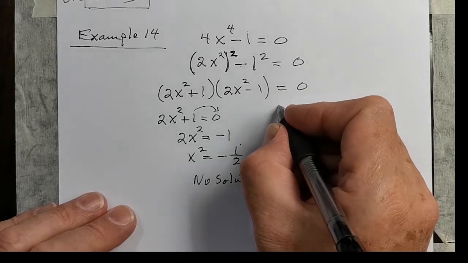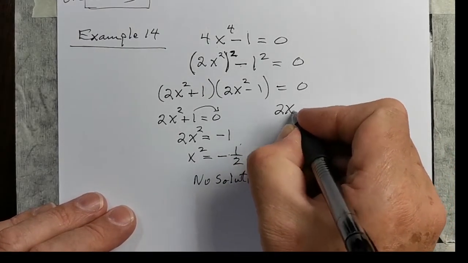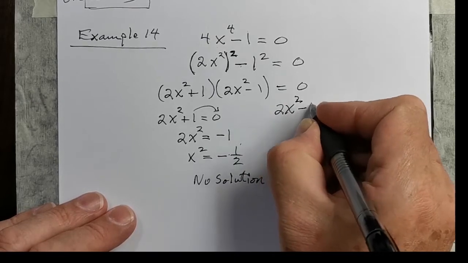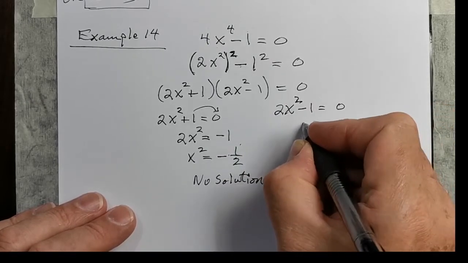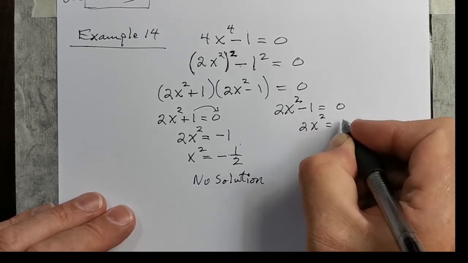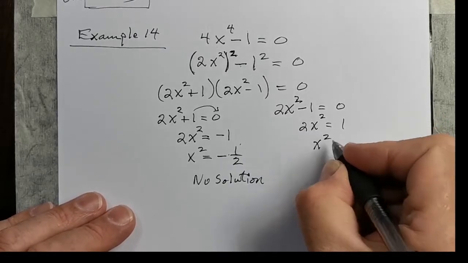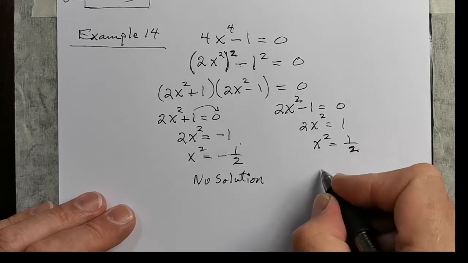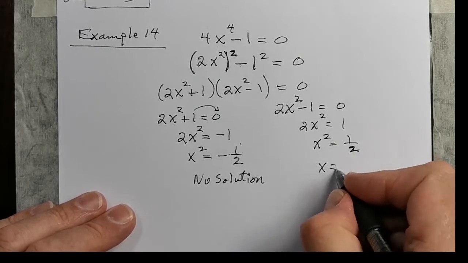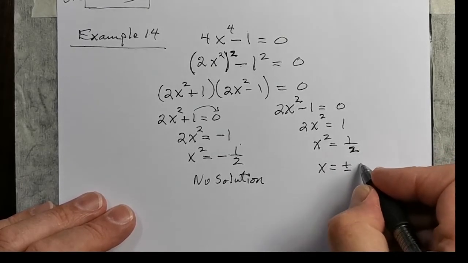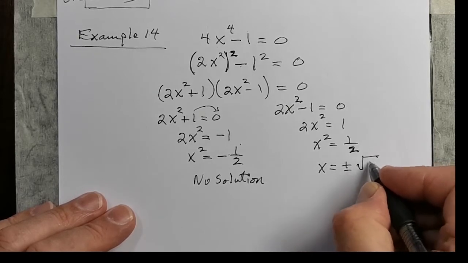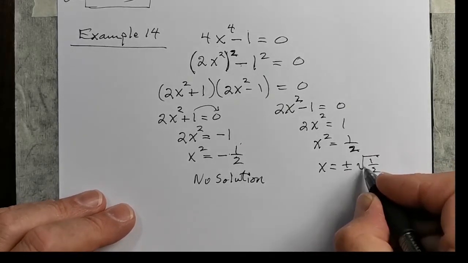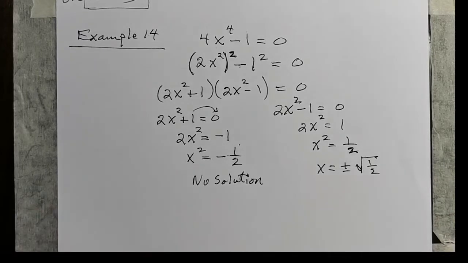In the second case, however, we can do something. 2x squared minus 1 could be 0, or 2x squared equals 1, or x squared equals 1/2, or x is equal to plus or minus the square root of a half. Okay?